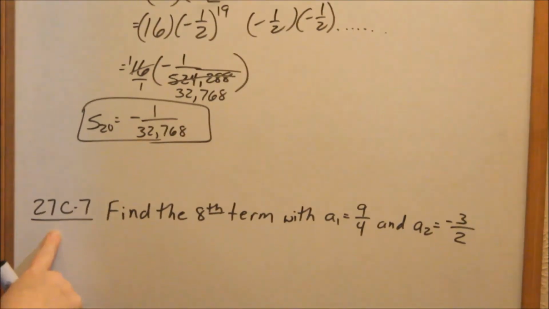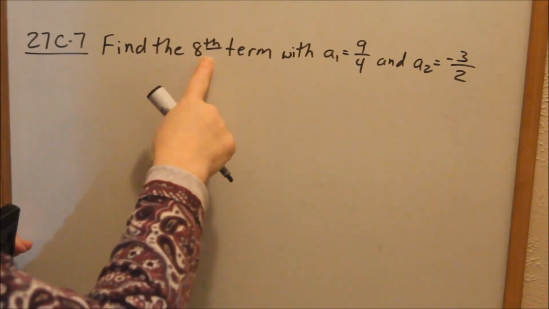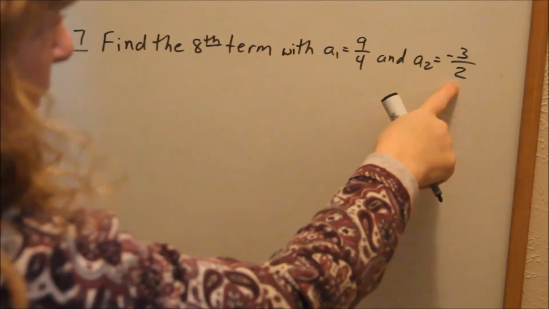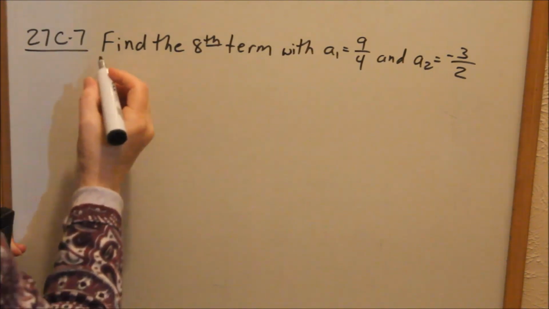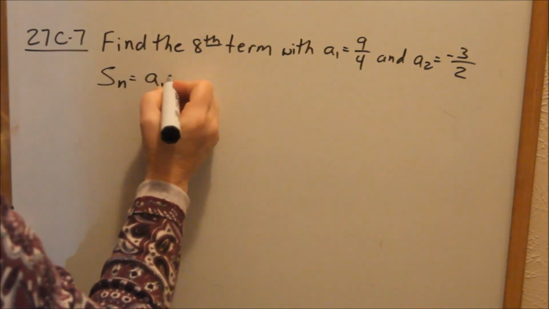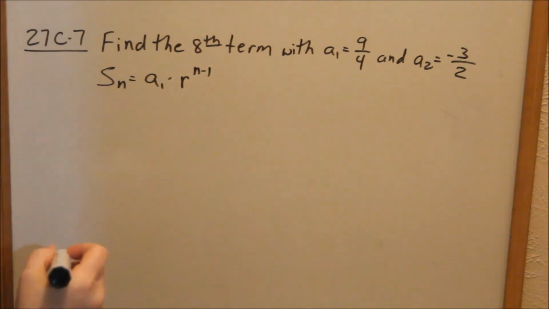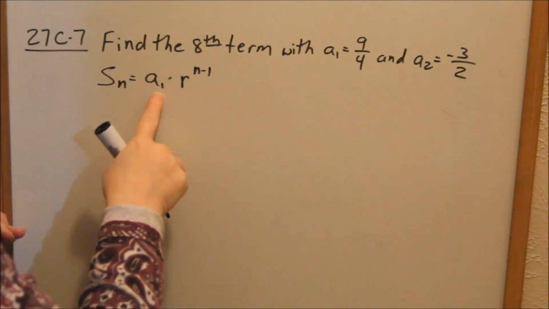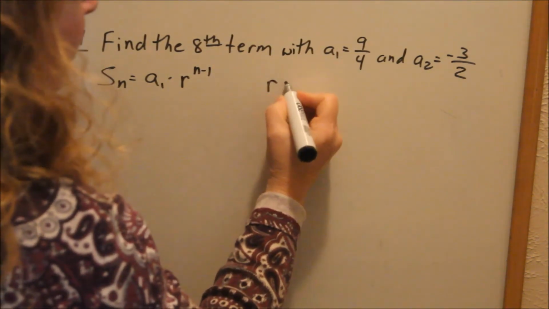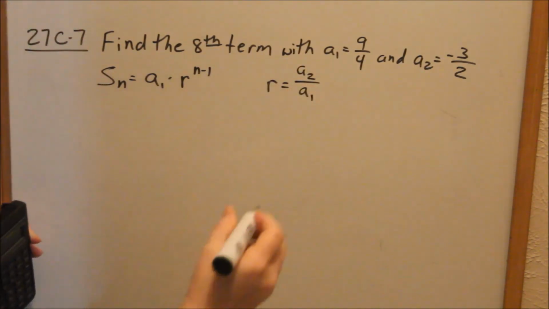Okay, looking at 27C, number 7, find the 8th term, and you'll be given the first term, 9/4, and the second term of negative 3/2. So our formula for a specific term is your first term times your common ratio raised to the n minus 1 power. So we need the first term, which we've been given, and we need the common ratio. Well, to find the common ratio, r is the second term divided by the first term.